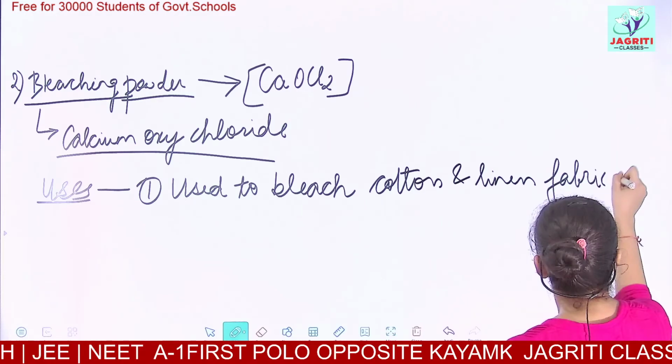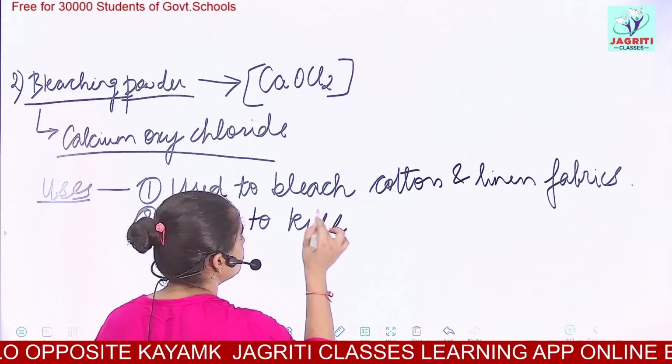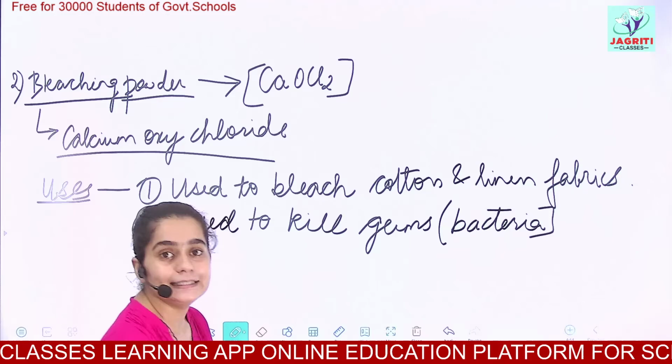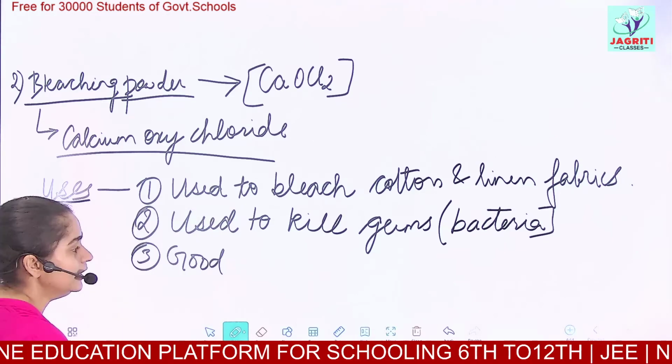Then it is also used to kill germs. Bleaching powder is also used to kill a variety of germs, particularly bacteria. Then the third use of bleaching powder is that it acts as a good oxidizing agent.